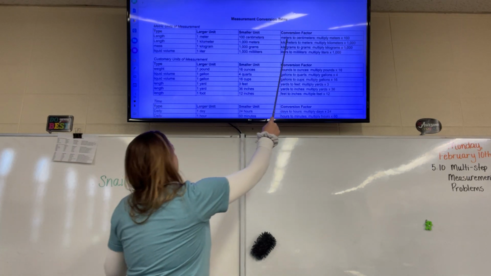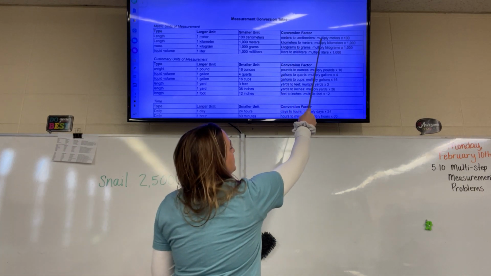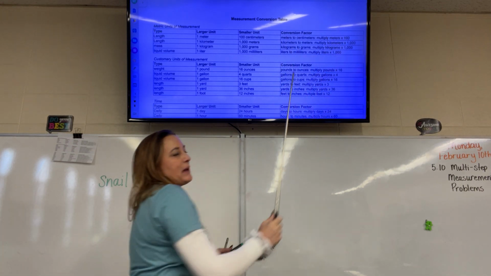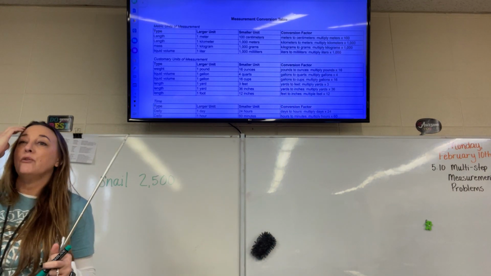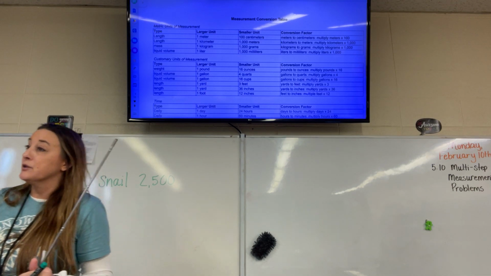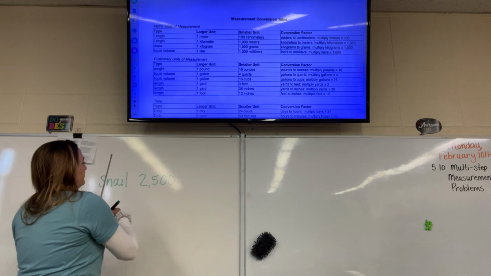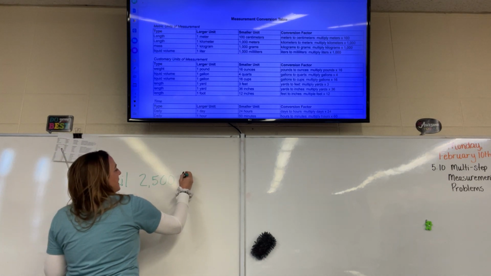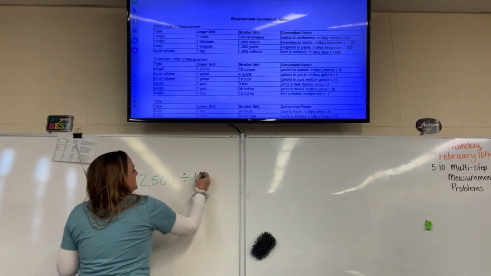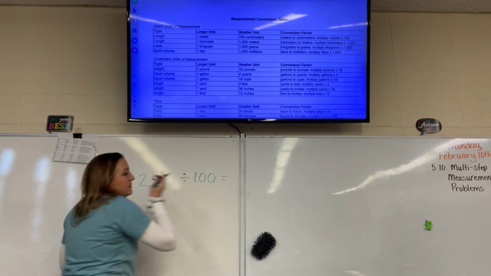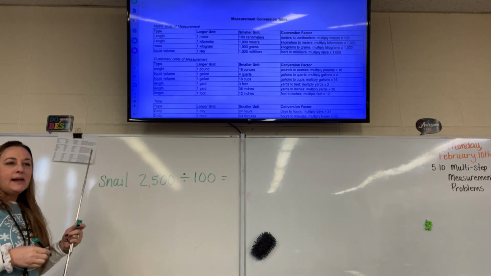To go from meters to centimeters, we multiply meters by 100. But to go from centimeters to meters, we have to do the opposite. So what's the opposite of multiplying by 100? Ari? Dividing by 100. So we're going to put 2,500 divided by 100.